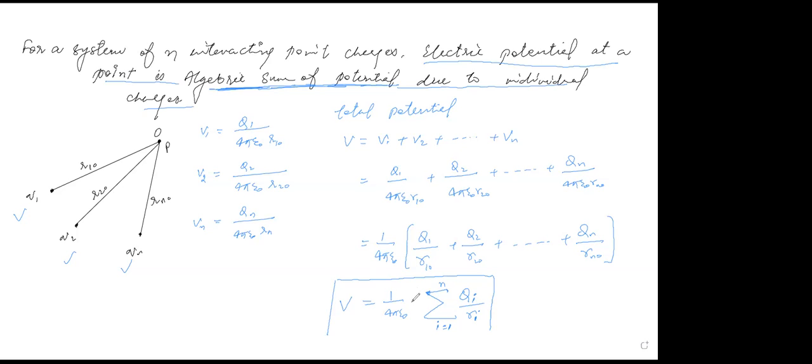Okay. So we have seen the equation of potential at point P due to all of these individual charges. And now, what will happen if your charge distribution is continuous?